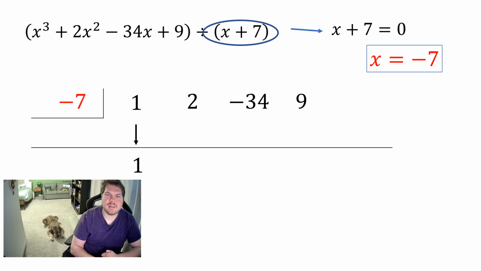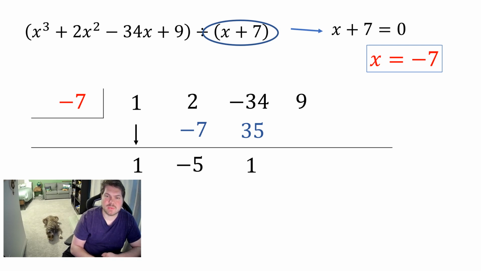And then we're just going to play a game of multiply. So just negative 7 times 1. And then add 2 plus negative 7, or 2 minus 7 is negative 5. And then multiply. Negative 7 times negative 5 is 35. 35 minus 34, or negative 34 plus 35 is 1.